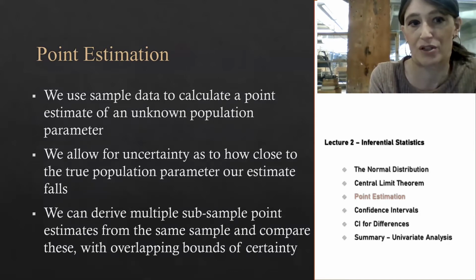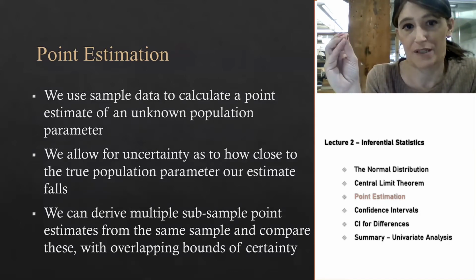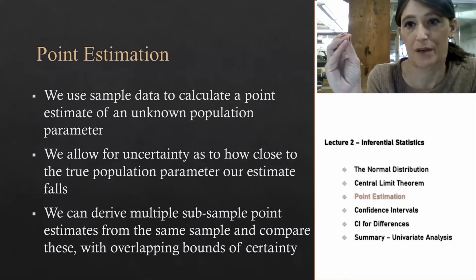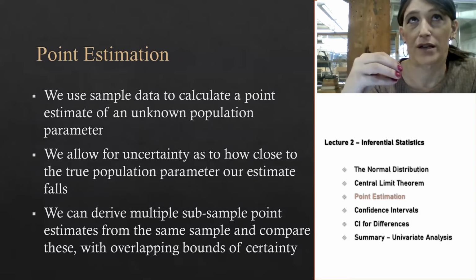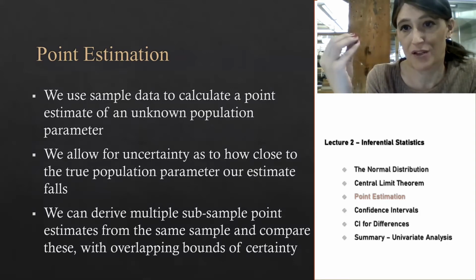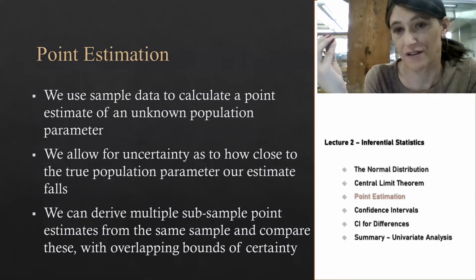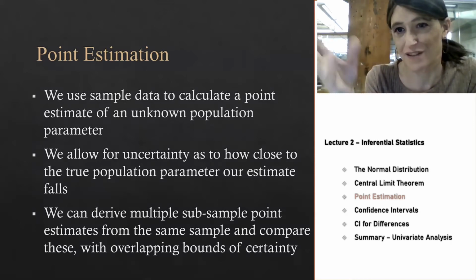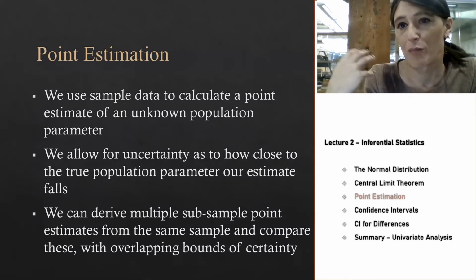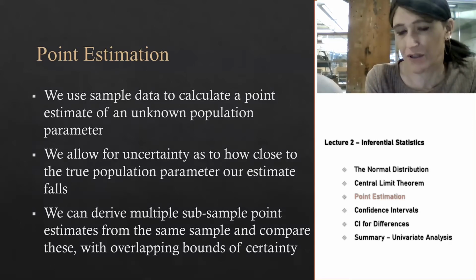So point estimation: we use the sample data to calculate a point estimate of an unknown population parameter. For example, I may want to know what is the typical age of a patient who presents with concussion in emergency departments. And we're actually going to look at some of this data, so this is why I chose this example. So what's a typical age?